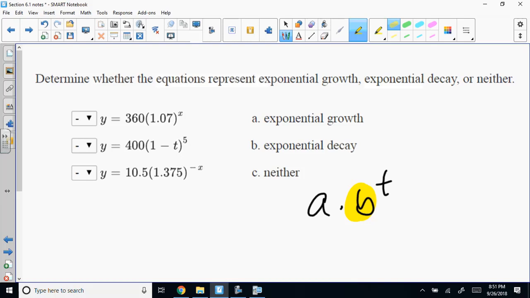Anybody know? Yep. You're right. It ain't growth or decay, but why?